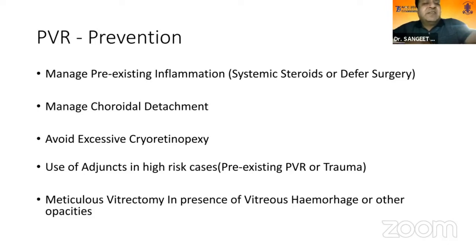Then avoid use of excessive cryoretinopexy in these eyes. If there is a risk for PVR in high-risk cases like any pre-existing PVR or a trauma case, you can use adjuncts like methotrexate while doing vitrectomy, and meticulous vitrectomy in the presence of vitreous hemorrhage or other opacities should be done.